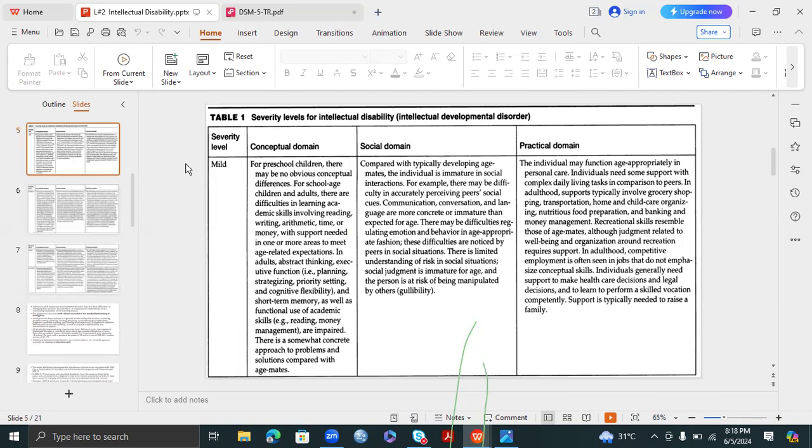When we are talking about the mild level in terms of the conceptual domain or the conceptual pillar, basically for the preschoolers, there may be no obvious conceptual differences, because that is a very early age for an individual to understand anything. But they will be having difficulty in learning the academic skills involving reading, writing, arithmetic, time, money.